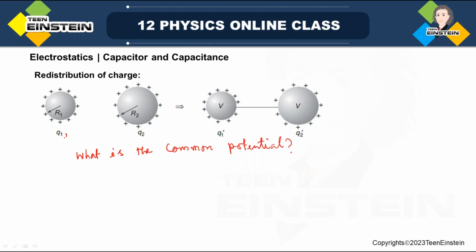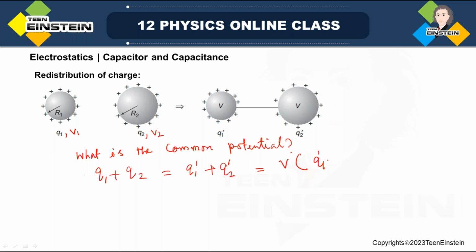Suppose initially this one has potential V1 and this has potential V2 on the surface. As they are connected, the final potential will be V. But what is that potential? The concept is that the total charge is not going to be altered. So Q1 plus Q2 must be equal to Q1 prime plus Q2 prime, isn't it? This is conservation of charge. Total charge is not going to change. In this case the potential is the same, V, so I can write Q1 prime.